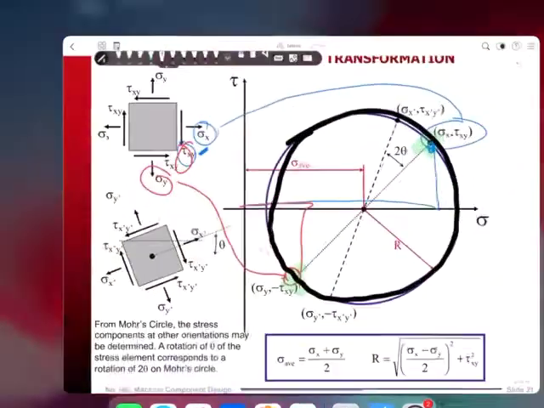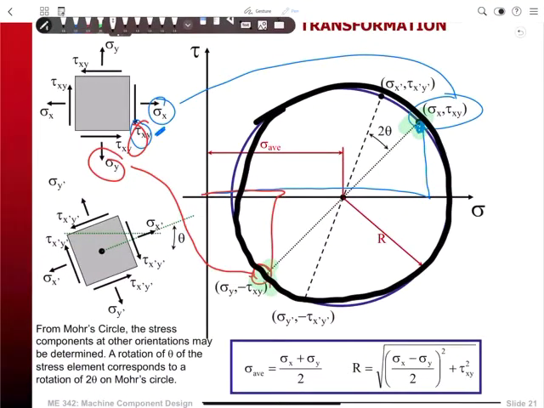Mohr's circle tells us this because I could say, well, let's do this in red. This point here is my original stress element orientation. Right? So that's my original stress element orientation.